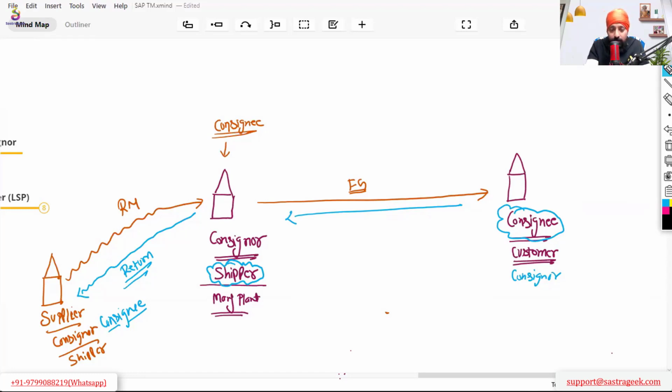Now, I'm focusing on this. This is my consigner, in this scenario. My truck is going like this, right? Now, to whom does this truck belong? This truck would not be belonging to us. There are a lot of companies that will not be owning the transportation.